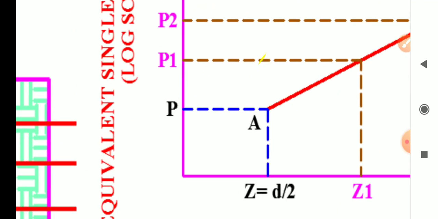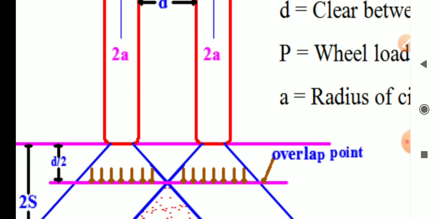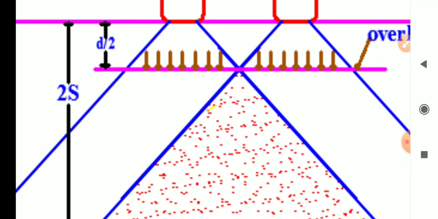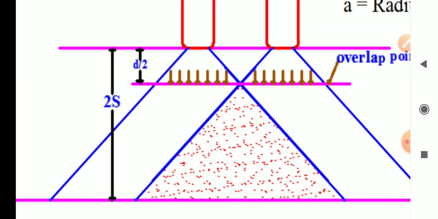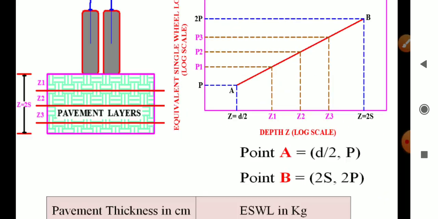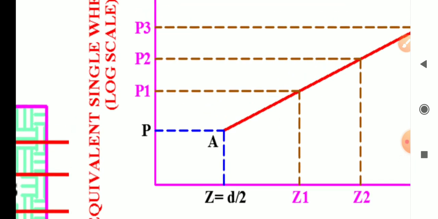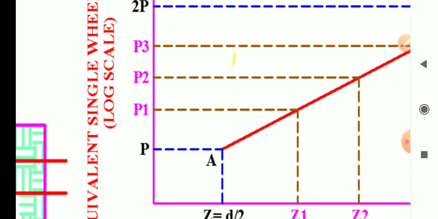Now based on the diagram, initially stresses will be more, right? Because of the contact pressure, stresses will be more initially. Later they should be reducing. Similarly for ESWL, initially the p value is more, next p1 is less, p2 is quite less, p3 is also less, and 2p is very less.